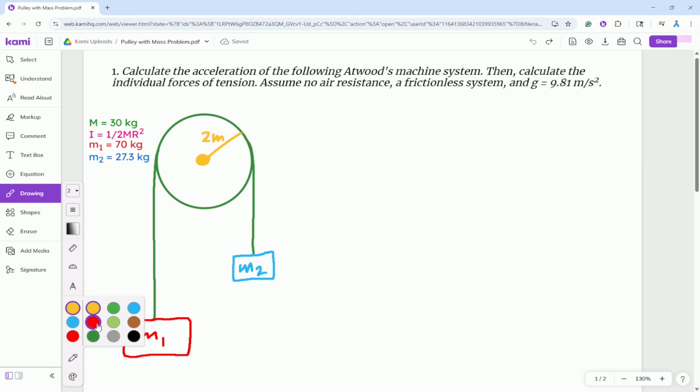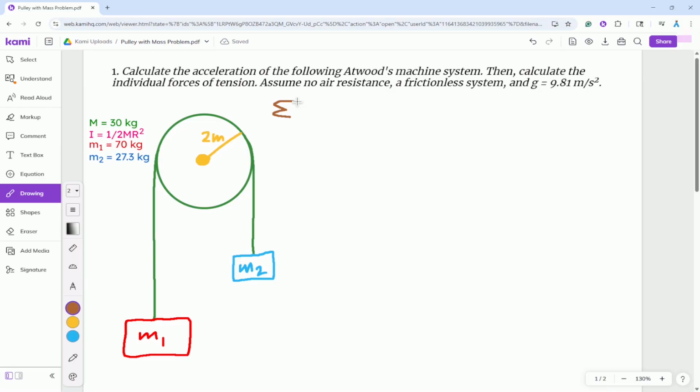Okay, the first one, and I'm going to do it in brown. The first one we need to remember is that sigma, yes, sigma, F equals ma. Now you're going to be like, what the sigma does this mean?